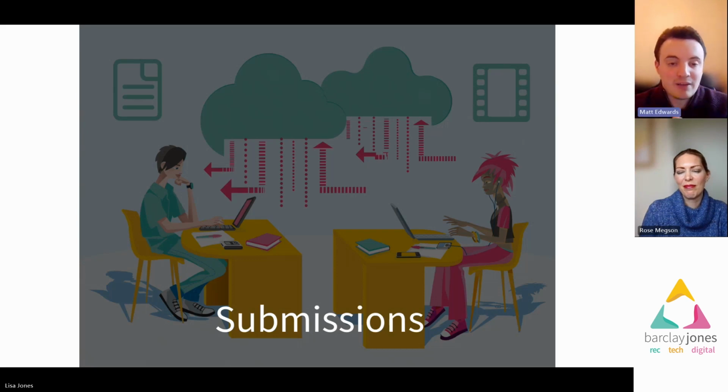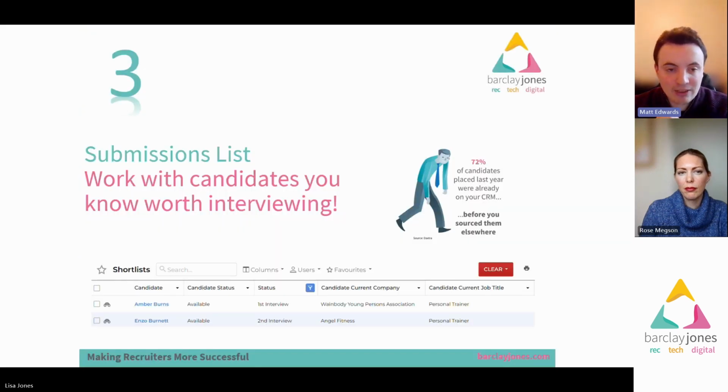Brilliant. So the next bit of your vacancy is your submission. So that's the bit where you really want to get into the nitty-gritty of it and make sure you're getting the most out of it. So the first thing, and this is probably something that you've heard if you've come to our webinars before, you've heard Rose and I talk about your submissions lists. So one of the big challenges when you're trying to place is finding candidates that you don't just want to place, but finding good candidates that are worth interviewing.